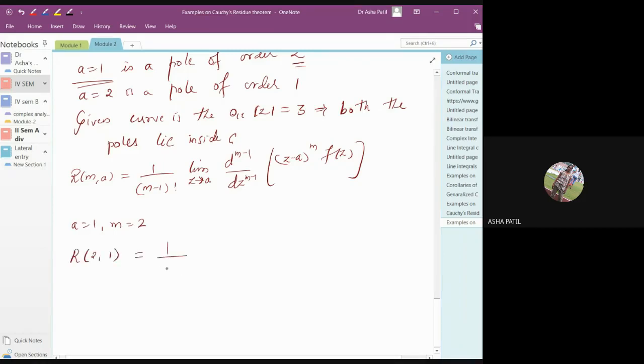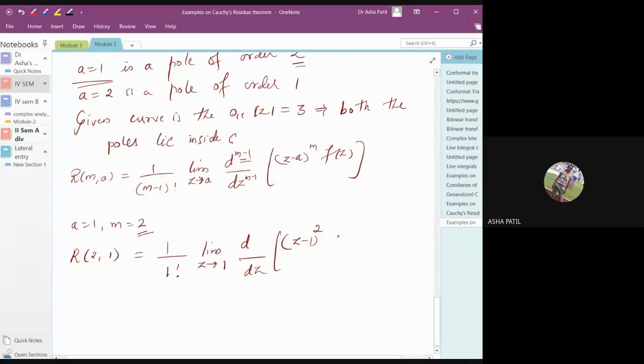1 divided by 2 minus 1 factorial. Limit as z tends to a means it is 1. M minus 1, m is 2. 2 minus 1 means you'll get the first order derivative of z minus a, z minus 1 whole square, function f of z.